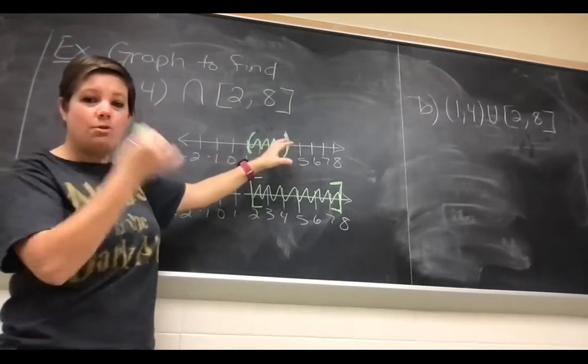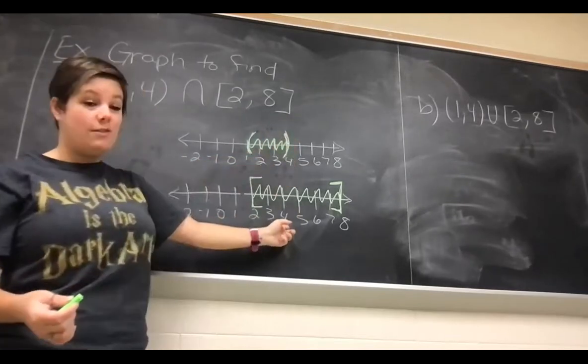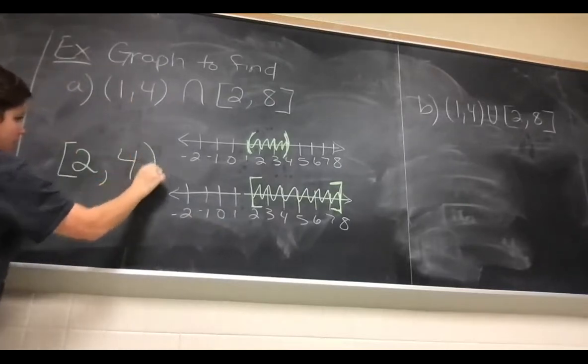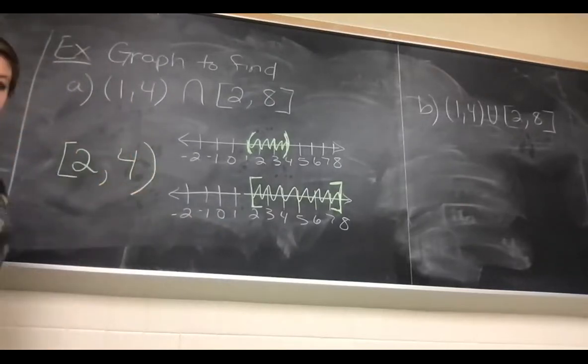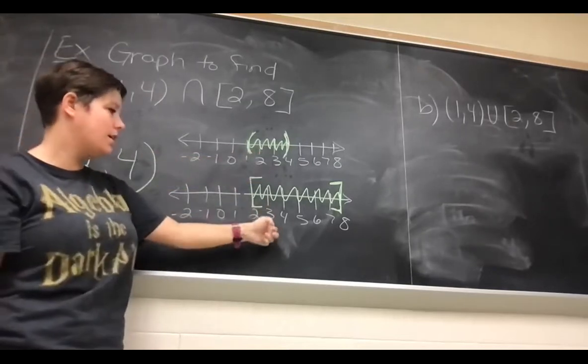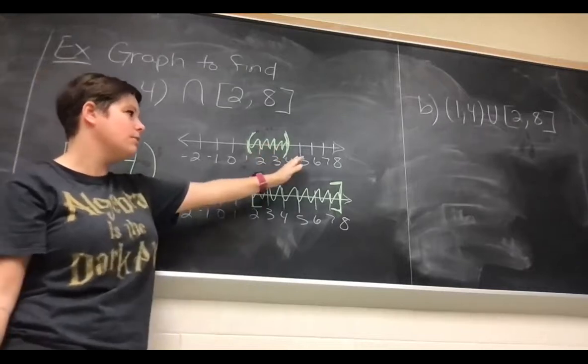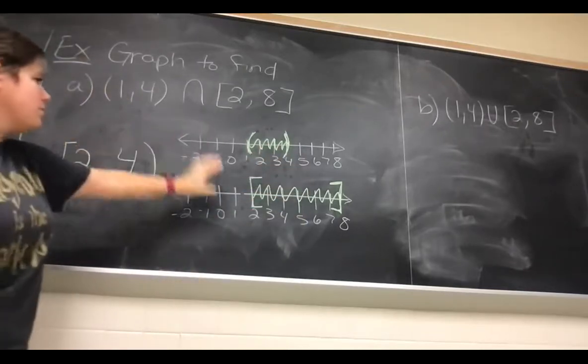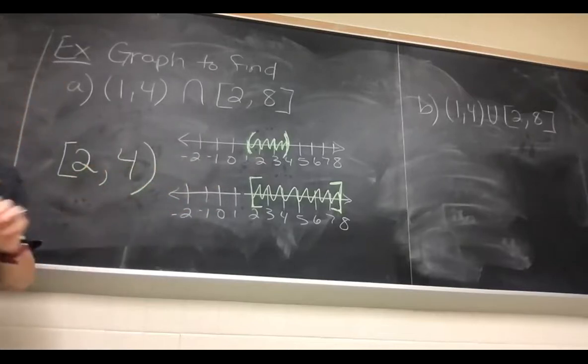It has points really close to 4. So you're going to write 4 with a parenthesis, because 4 isn't in this set, but 4 is in this set. But we get really, really close to it. This is these two sets' intersection.